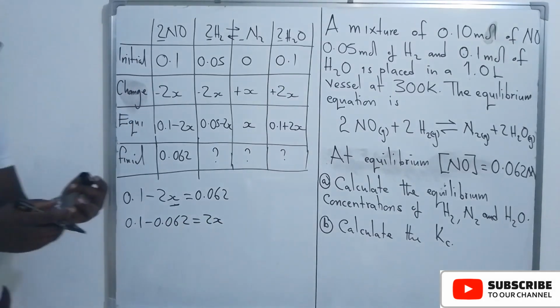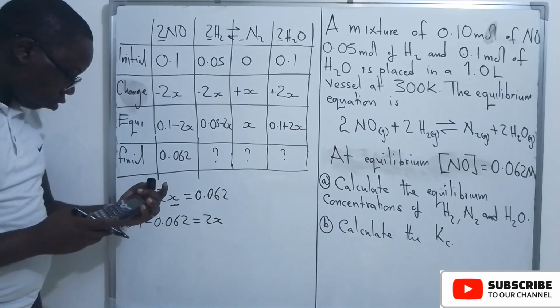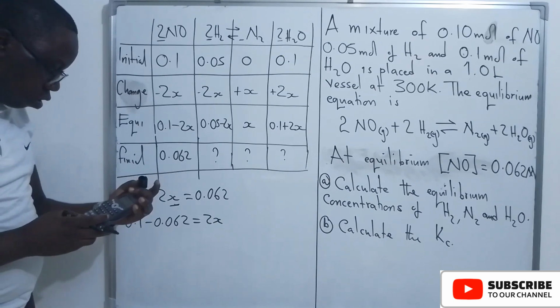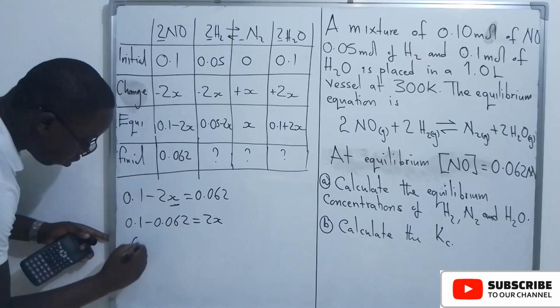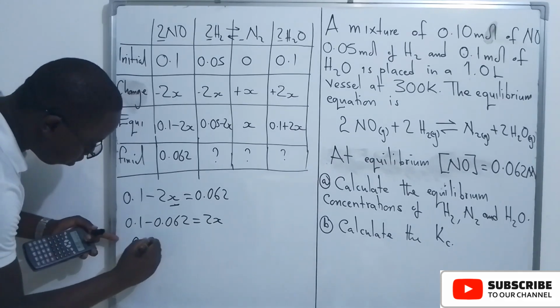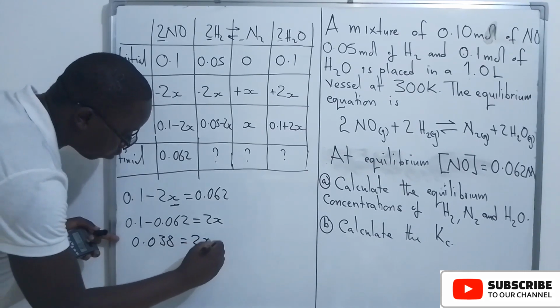So 0.1 minus 0.062, it is giving us 0.038 is equal to 2x.